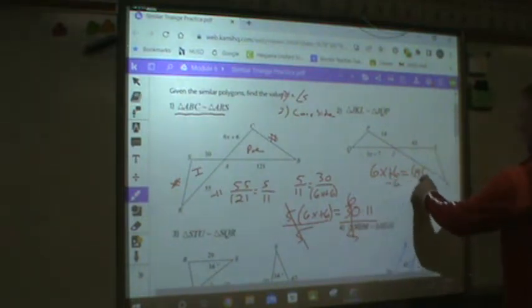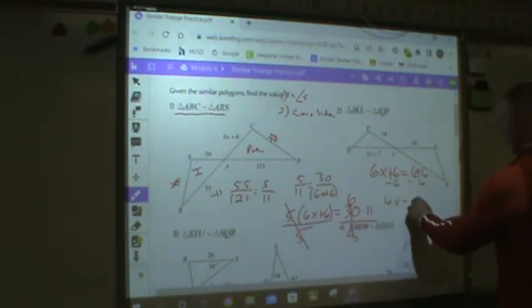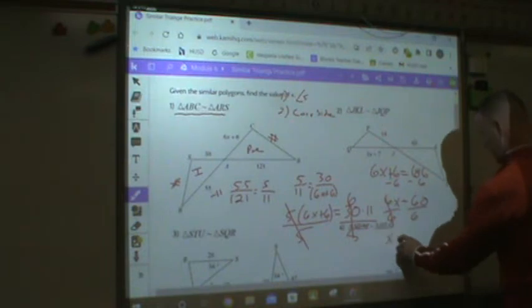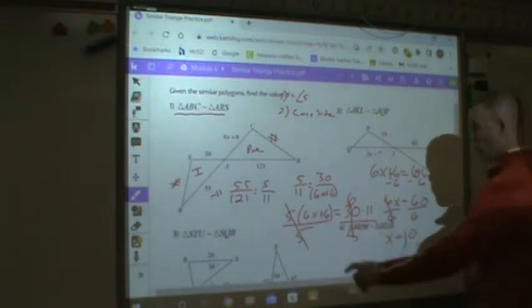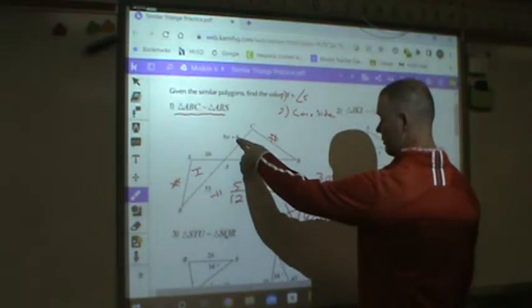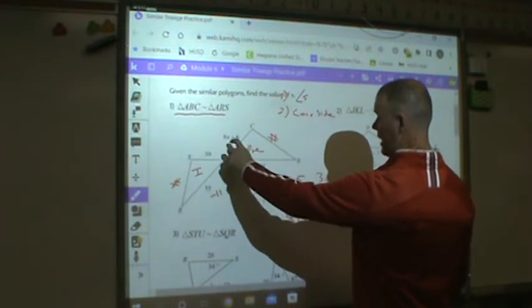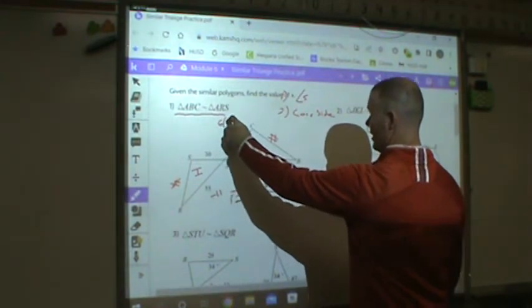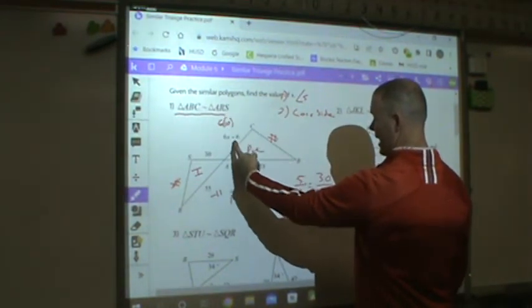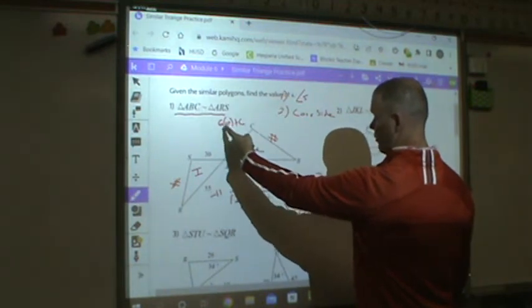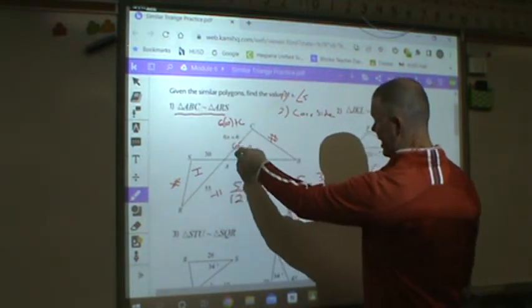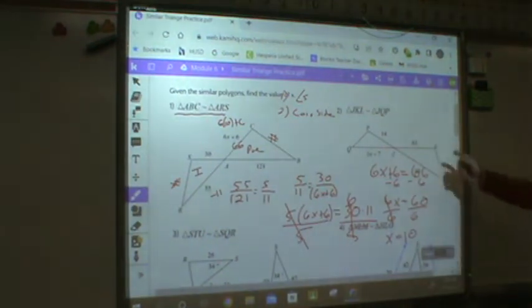Now I'm going to subtract 6, and 6x equals 60. Divide by 6, x equals 10. Now remember, x is 10. That's not the value of the side. I'd have to plug 10 in for x and multiply and add to get the value of the side, which is 66. Okay, so there's one.